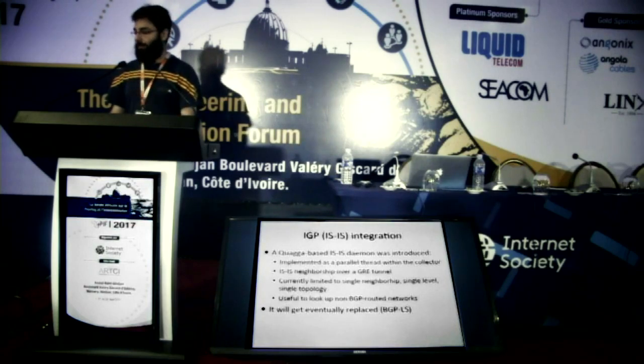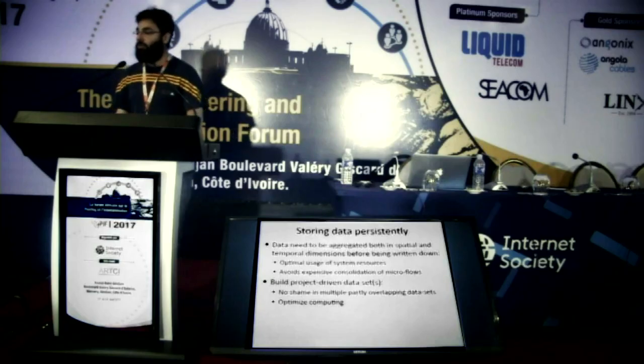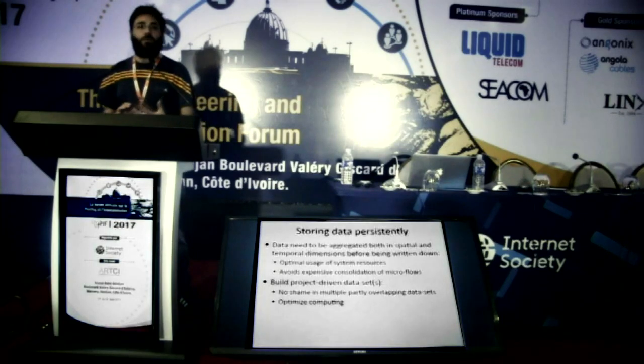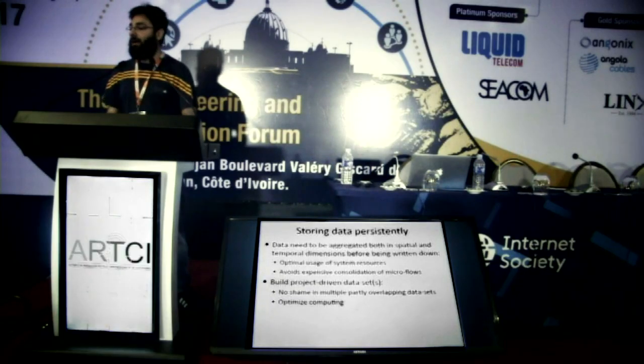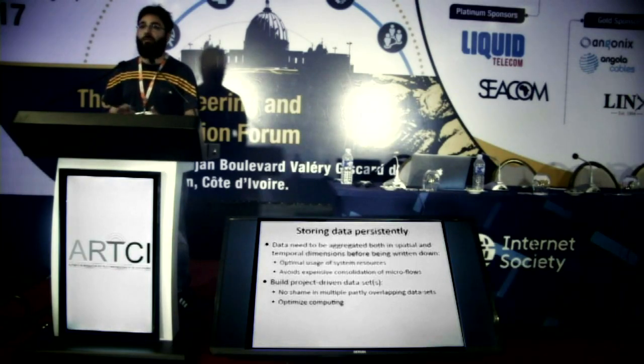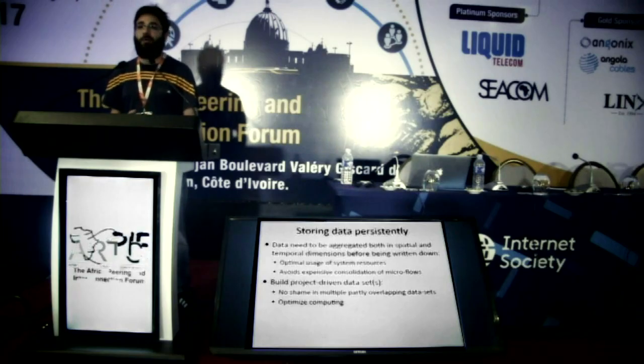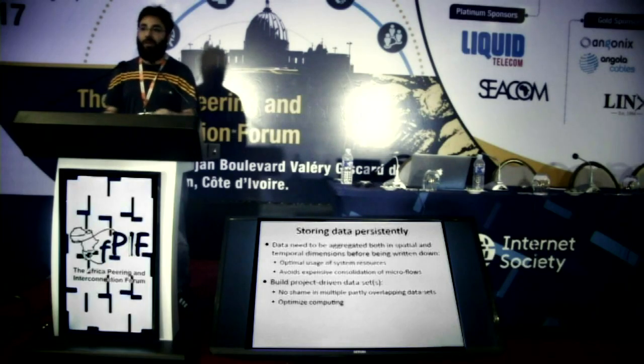So now, going to storing data persistently, I will go a little bit quicker because I've already said this before. When writing flow data to disk especially, it's very good that things are aggregated in a spatial and temporal way, so that you are limiting the data set and not building huge data sets of gigabytes or terabytes that you then have to reconsolidate because you are writing every microflow to disk.